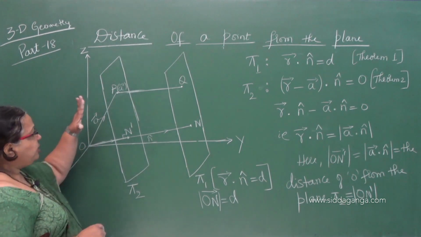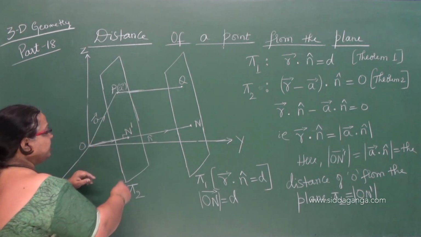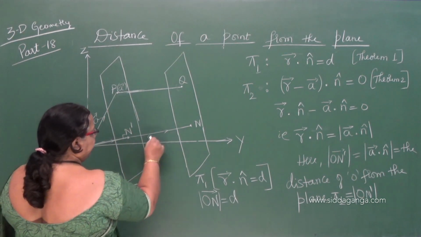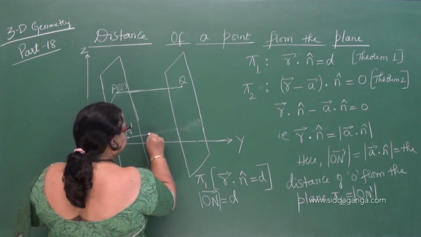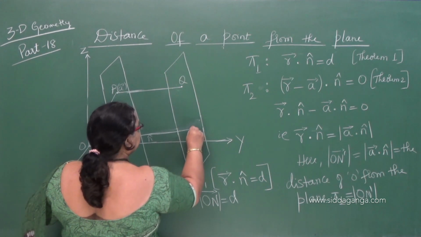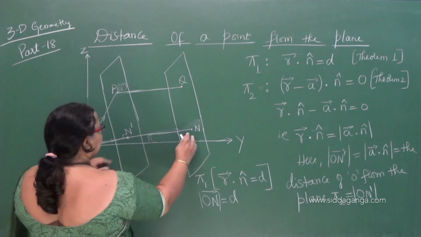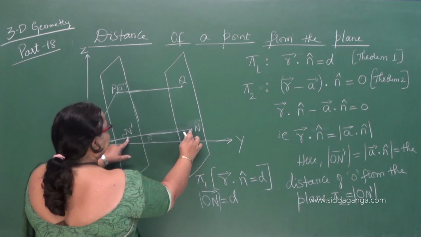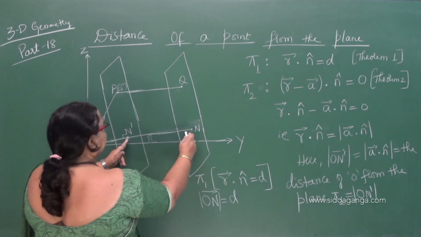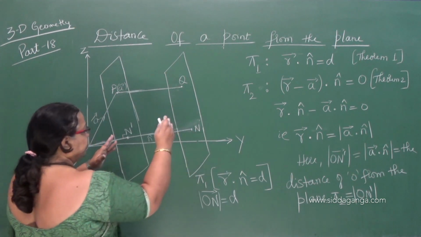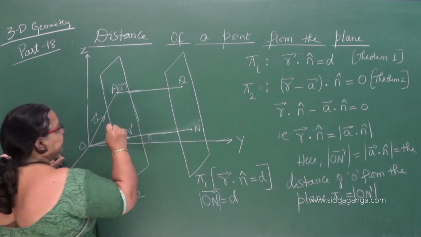Now, according to this figure, here PQ distance is, this is the normal, that is the perpendicular drawn, it looks a little crossed for you. So if we take it this way, this is ON. Here PQ distance is equal to N dash N. PQ is equal to N dash N, and this is given by ON minus ON dash.